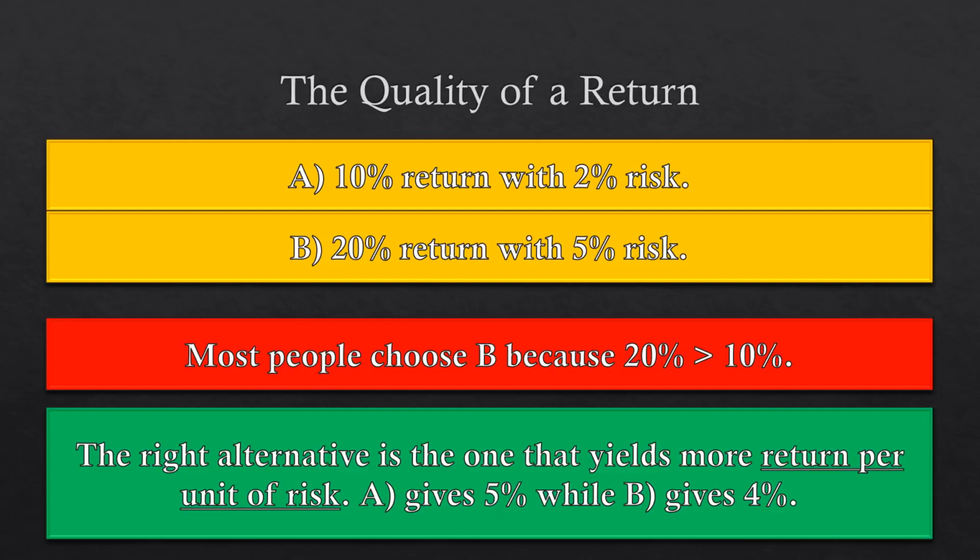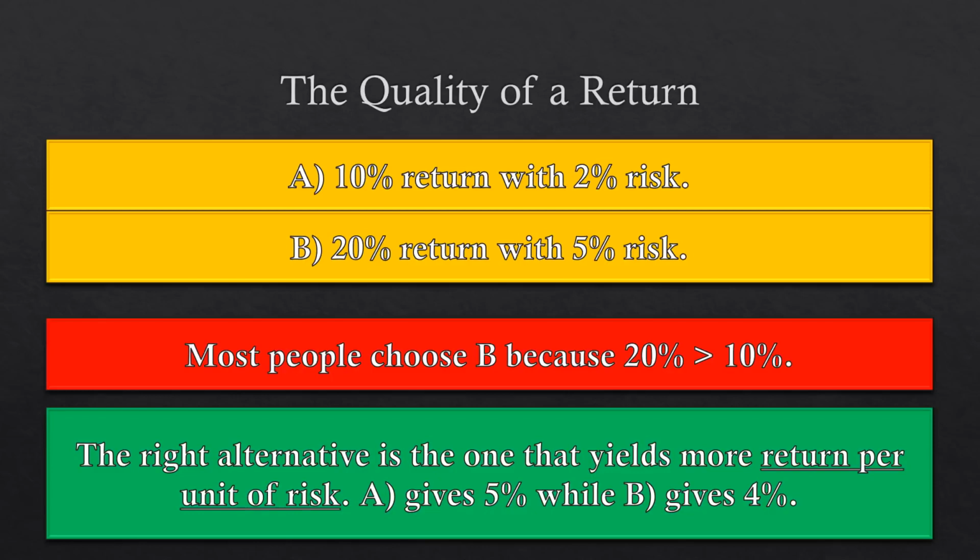Dividing the return by the risk, you get 5 units of return per unit of risk. In alternative B, you get a 20% return while assuming a 5% risk. If you divide the return by the risk, you get 4 units of return per unit of risk. In other words, even though alternative A yields a lower return, the quality of the return is better because it yields more return per unit of risk.